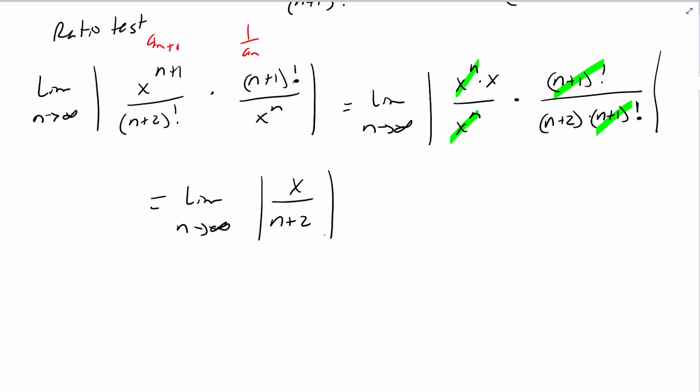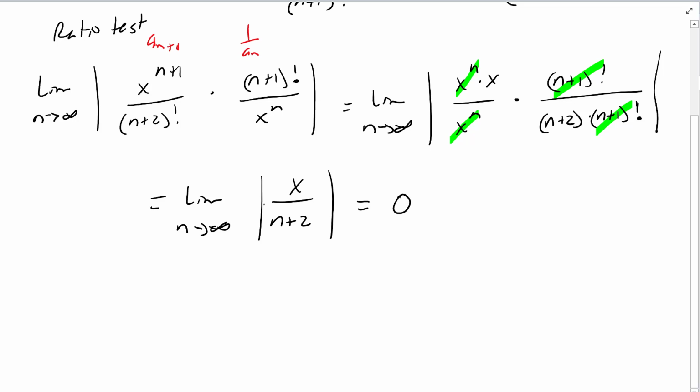Now when we take the limit as n goes to infinity, remember x is a number. X is going to be some number. We don't know what number it is, but it's a number, not a variable in that aspect. We're taking our limit with respect to n. So as n grows large, this whole limit becomes 0.